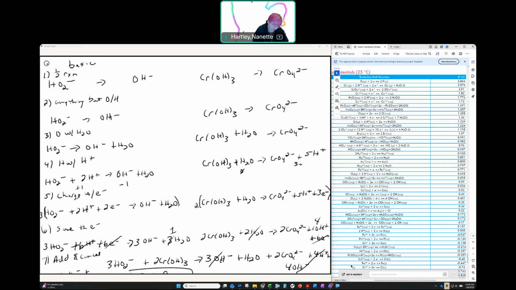So I need to make sure that I've added electrons for that. The difference between the +1 and the -1 is 2 electrons. So I added 2 electrons here, and I need to add 3 electrons to this side of the equation to make them equal. Now I need to make sure I have the same number of electrons on both sides. So I have 2 that I added here and 3 that I added here. I'll multiply this equation by 2, this equation by 3.